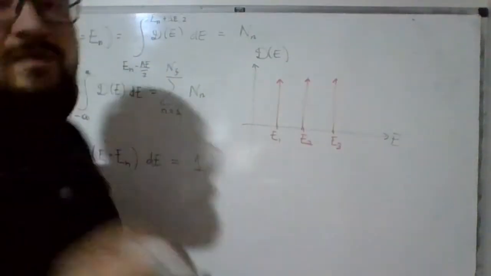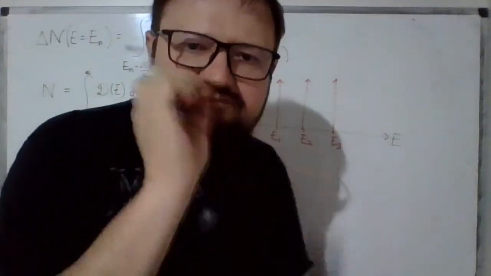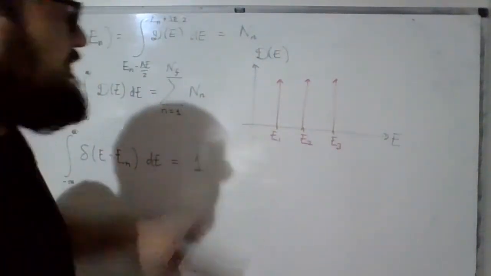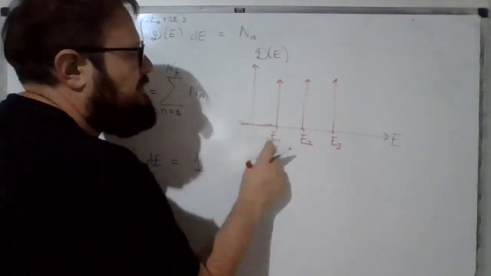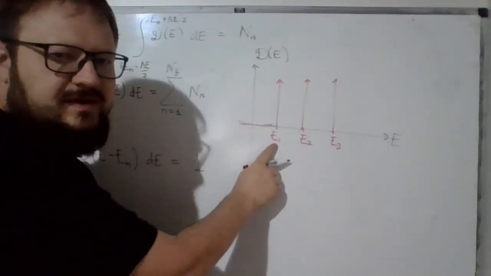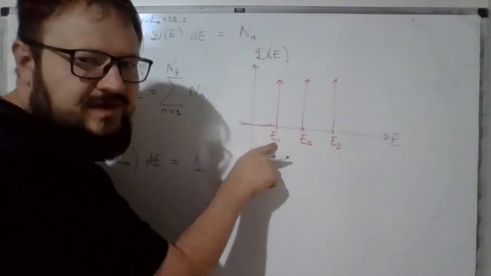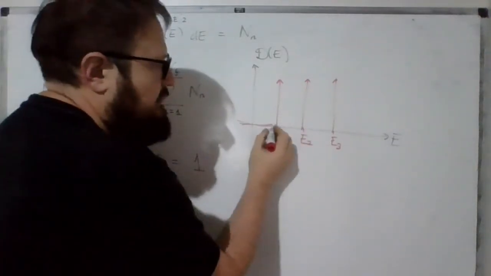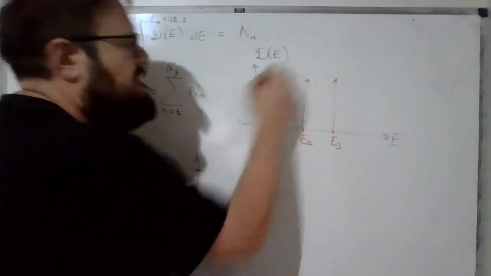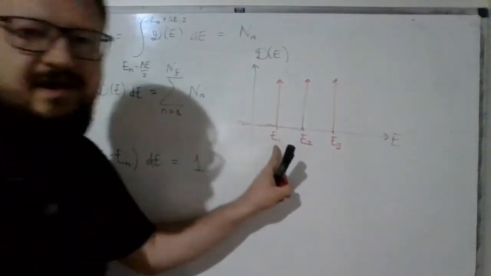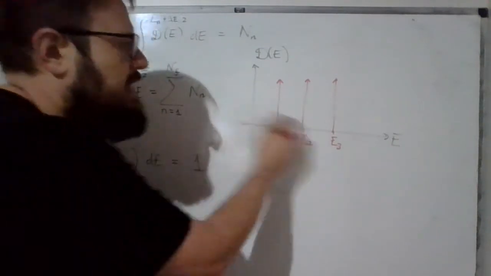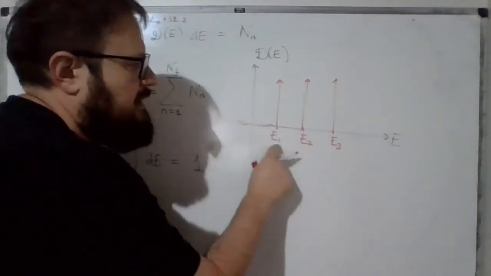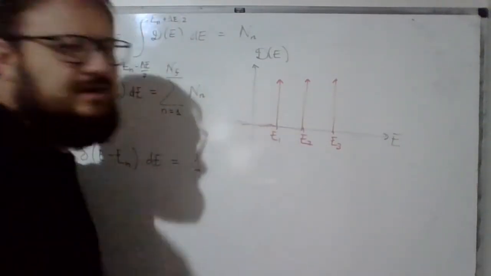Okay, narrow lines, very narrow lines, which are zero for energies that do not coincide with a given allowed state in the spectrum, zero and infinite at the exact matches of the energy you are measuring with an allowed value in the spectrum.